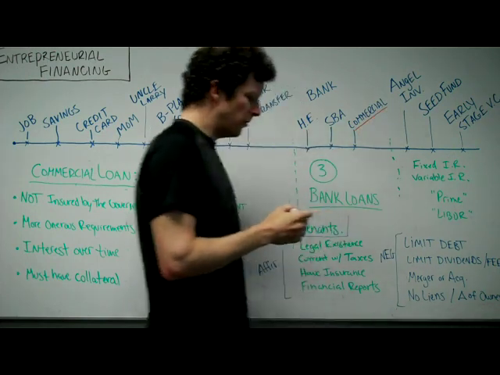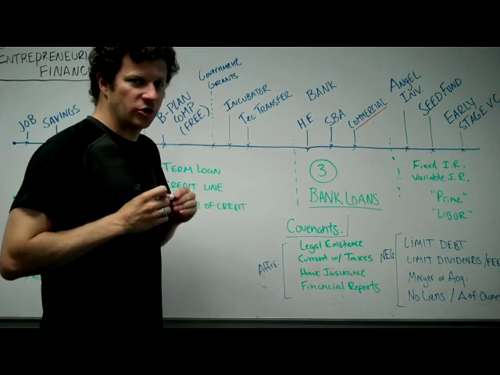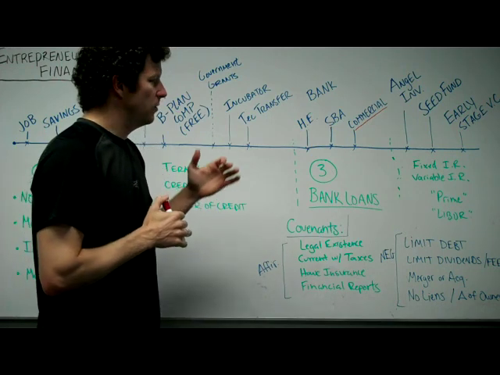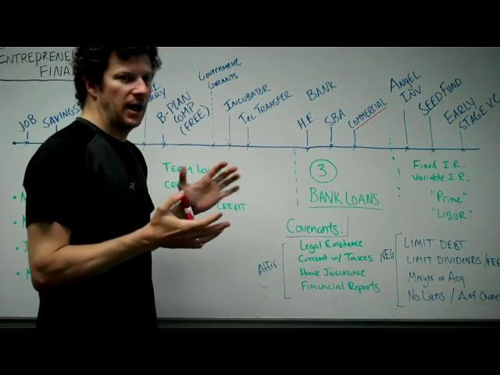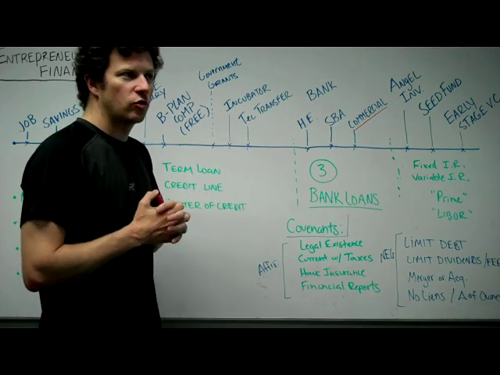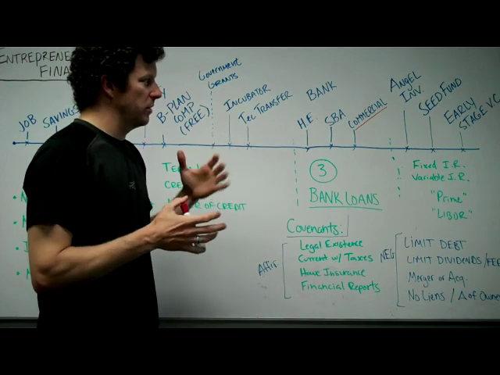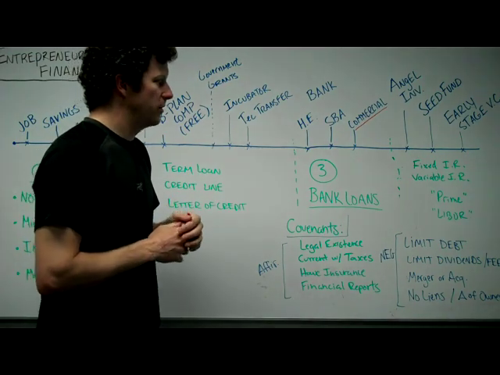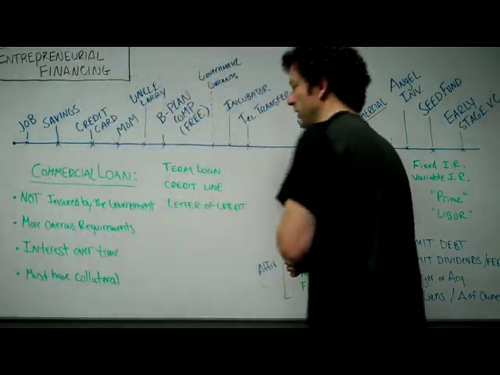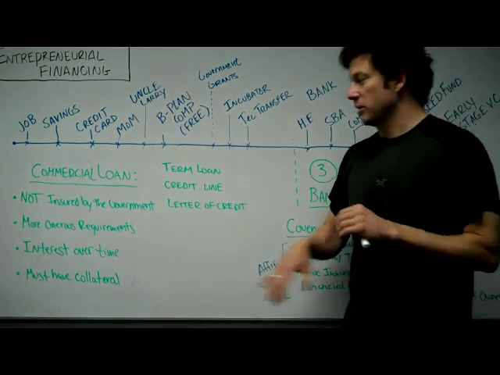So if you're going to borrow money from a bank just as a straight commercial loan, this is a relatively onerous and controlled area of lending. Unlike a home equity loan, which would be simple by comparison, there's a bunch of things about commercial loans that you should understand that you're going to need as an entrepreneur.